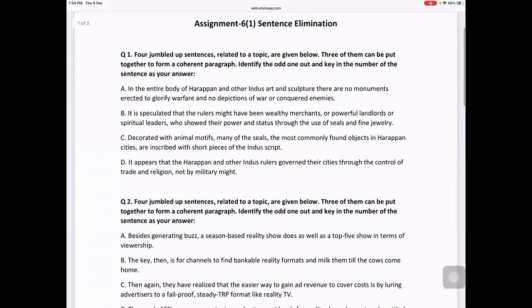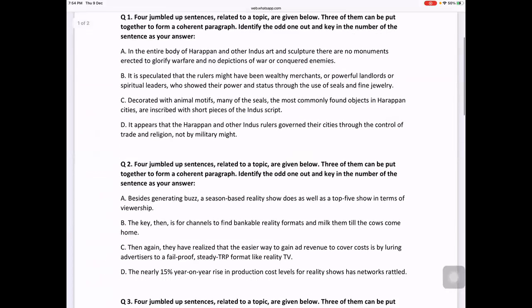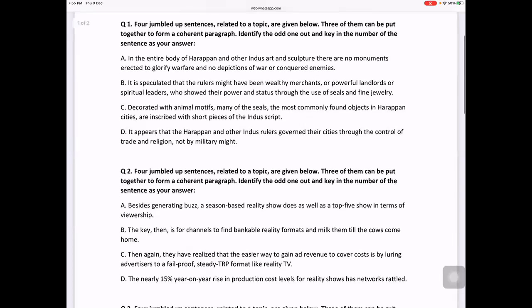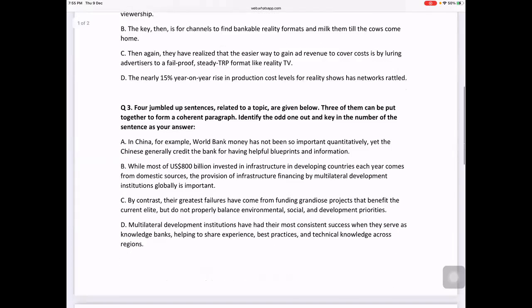So you can click pictures, screenshots, if you want to. Okay, ma'am, no issue. Yeah, you can just click the pictures and then you can practice it at home. Okay, ma'am. Done? Yes, ma'am, done.